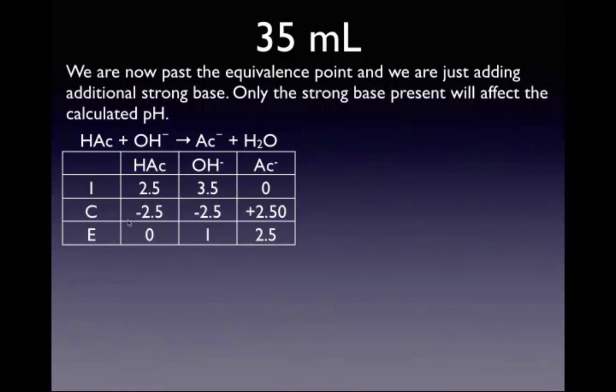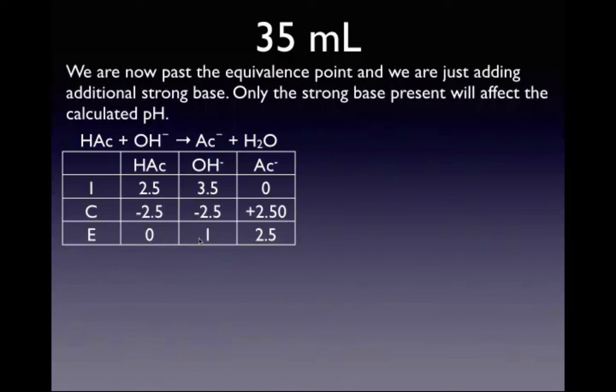So let's take a look at our initial ICE box again. Here, this is our 100% reaction, so this is an end E, not an equivalence E or an equilibrium E. So we've got 2.5 millimoles of acetic acid, 3.5 millimoles of hydroxide, and no millimoles of acetate ion. So we use the smallest one, minus 2.5 for the acetic acid, minus 2.5 for the OH minus, plus 2.5 for the acetate ion.